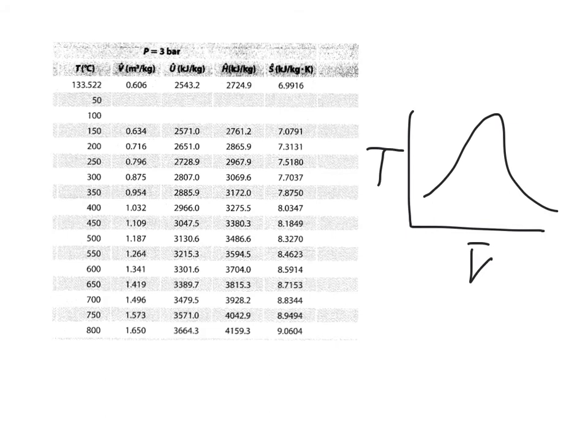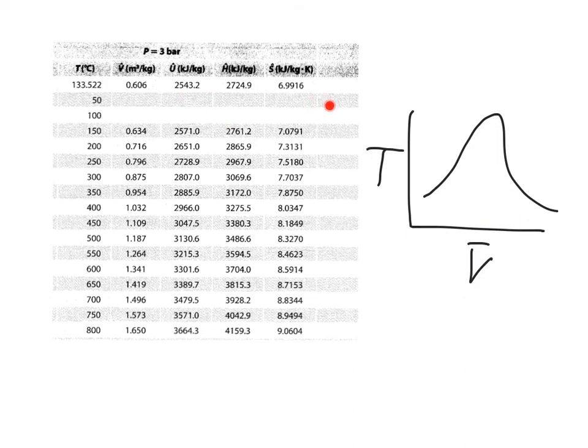Now, one other thing I want to point out here. Notice this is blank. Why is this blank for these values here? Well, that's because if we're at 3 bar and 100 degrees Celsius or 50 degrees Celsius, we are not a superheated vapor. We're actually a liquid. So it doesn't have any properties for the liquid on this particular table.